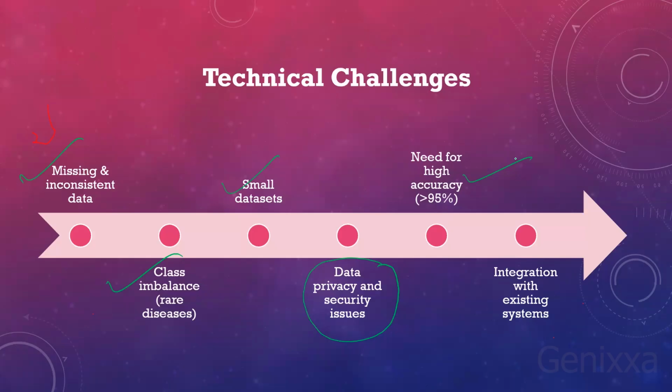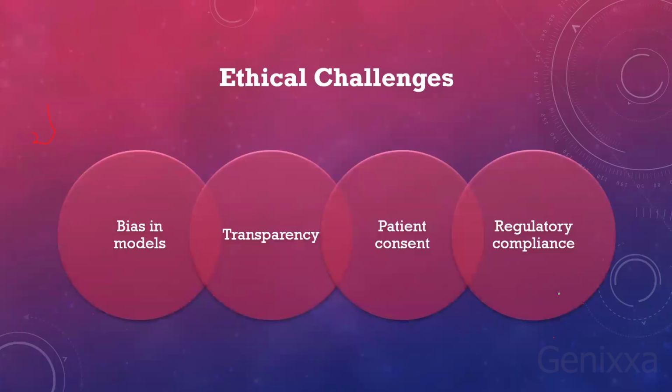And indeed, we need to integrate these systems with the existing pathways that we have in the medical domain. So that should also be a consideration, because it is not possible to evolve the entire system in one go. With time, we have to integrate them with the existing systems, and then we may find further options to proceed. And there are ethical challenges as well, like bias in models and transparency issues.